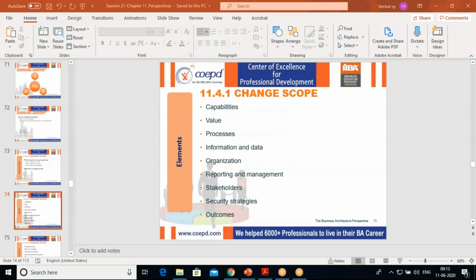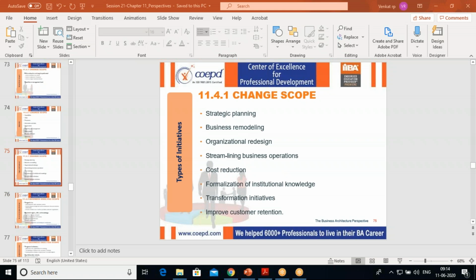Then you have to understand the capabilities, the value, the processes, information and data, organization, reporting and management, stakeholders, security, strategies, and outcomes. Here you just need to map this. Please map this restaurant example here, and you will clearly understand it.